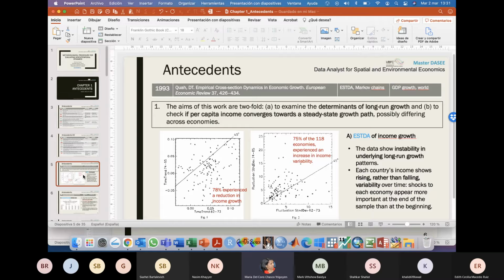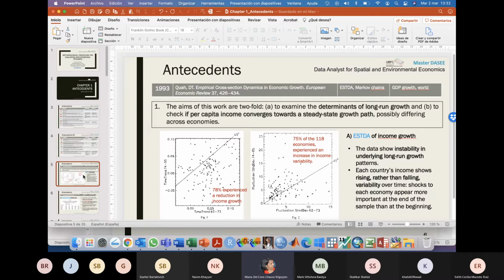Okay, he found that the data showed instability. Well, you can draw a straight line, but the dots are up and down. So a lot of instability in the long-run growth patterns during this period. In fact, it was computed that 78 of them experienced a reduction in income growth.